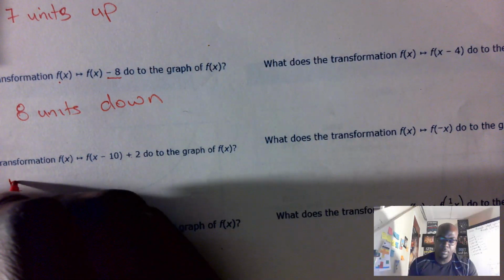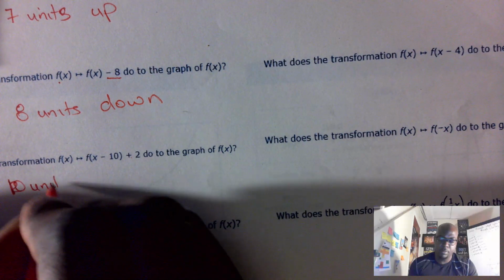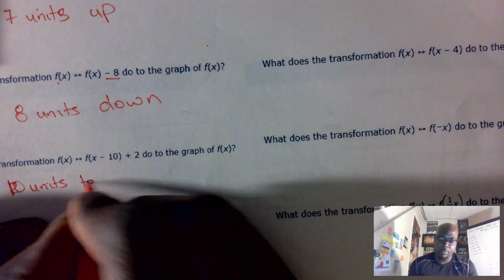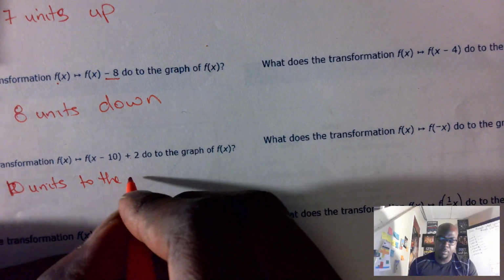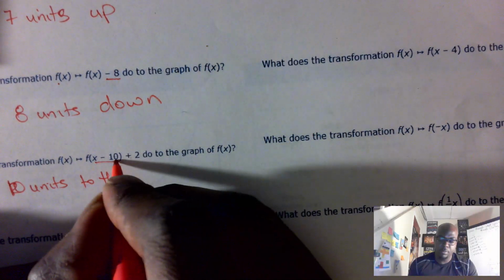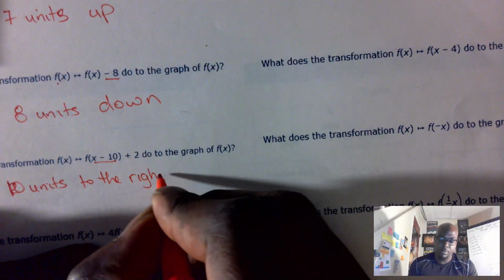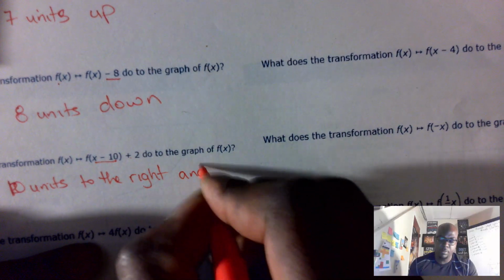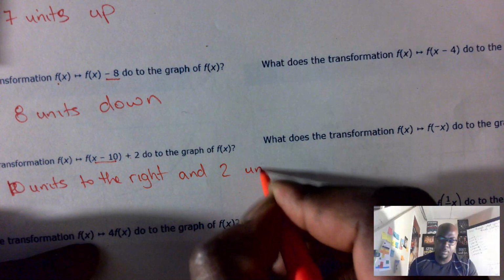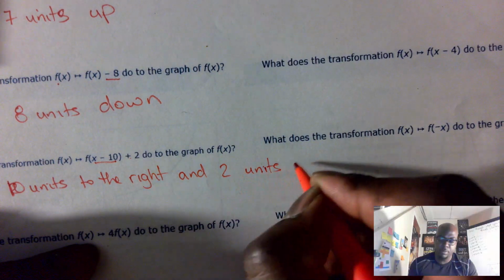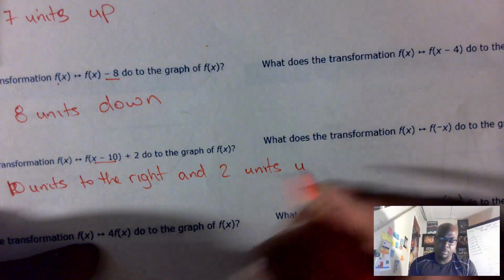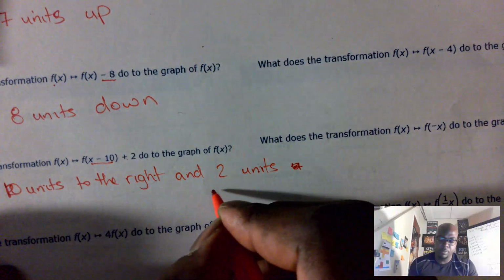We're going to shift 10 units, and remember this is negative, so we're going to go right. So we go 10 units to the right and 2 units up.